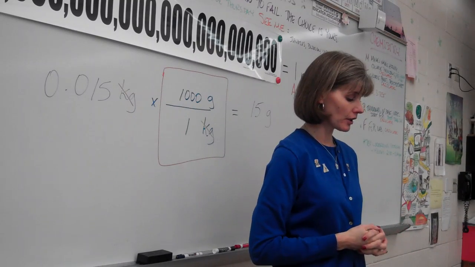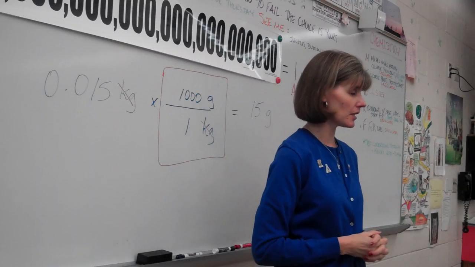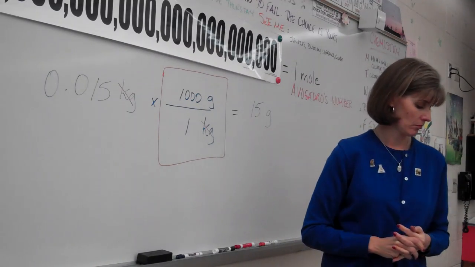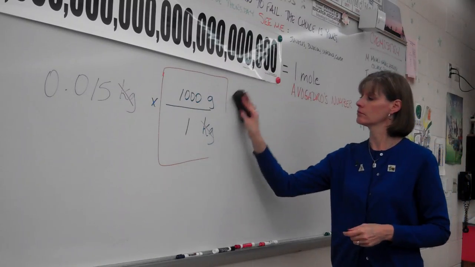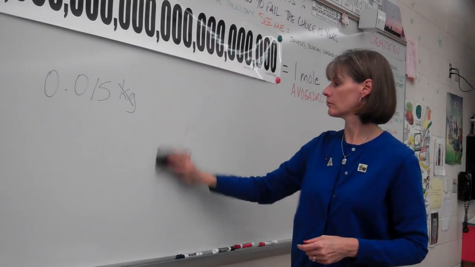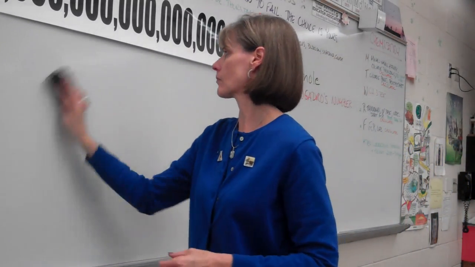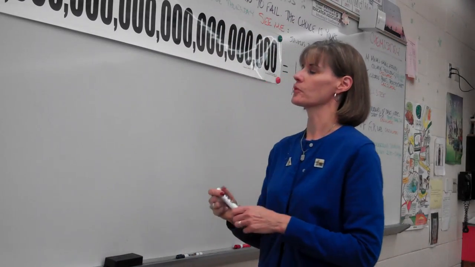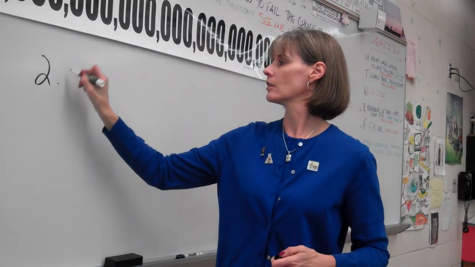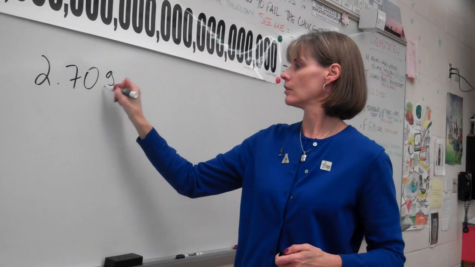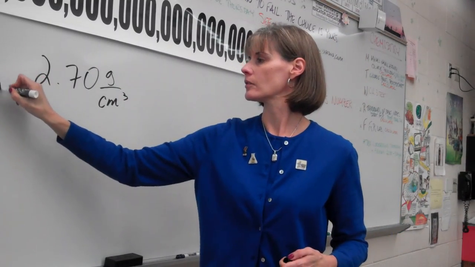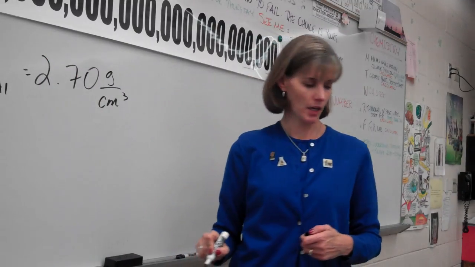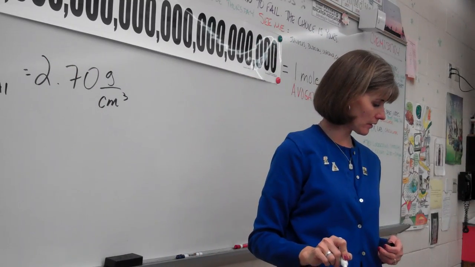28, you're going to calculate the volume, and you are given the density and the mass. How do we do that? Let's do aluminum, since we know its density is 2.70 grams per centimeter cubed. It's the density of aluminum. And we're going to find, what did I say, volume?